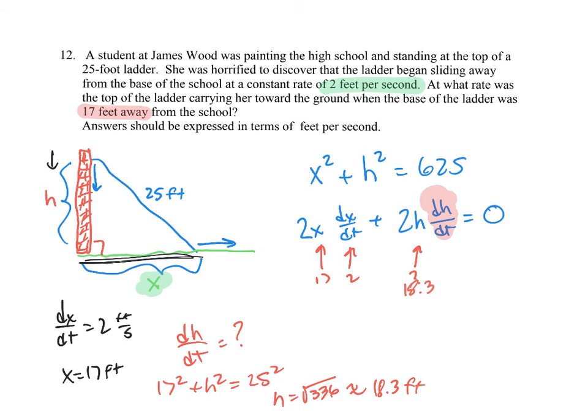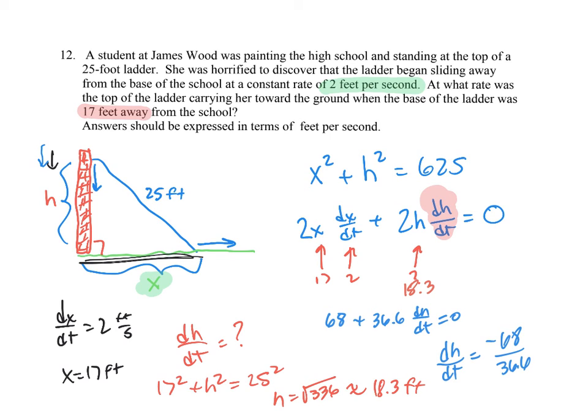And now our job is simply to solve for dh/dt. So I'm going to have 34 times 2, 68, plus 36.6 dh/dt equals 0. That means dh/dt is going to be negative 68 divided by 36.6. And it makes sense that that rate is negative because this thing is dropping, right?